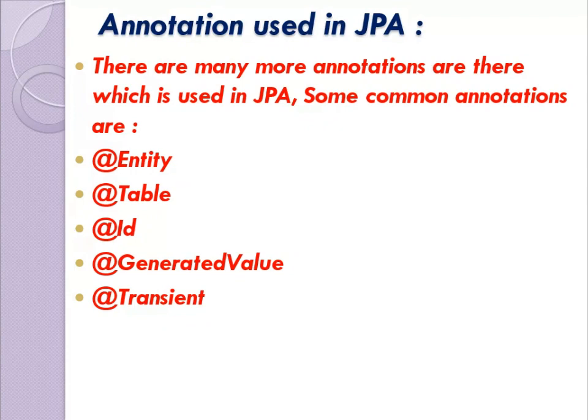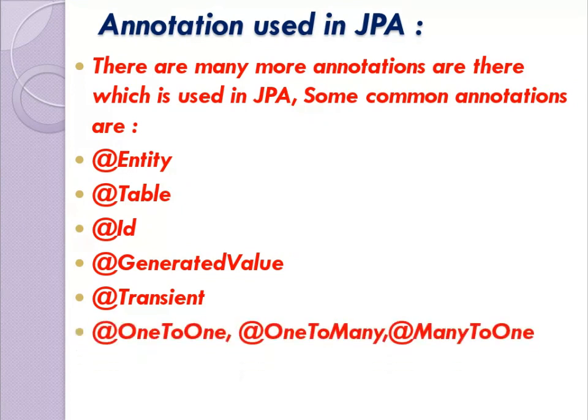So 2 or 3 fields we exclude from the table creation. We don't want to create a column for that field. At that time we can mention the @Transient annotation on those attributes. If we mention @Transient, that attribute will not create a column in the table.